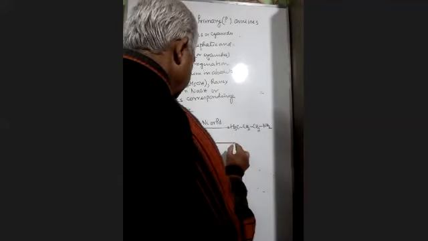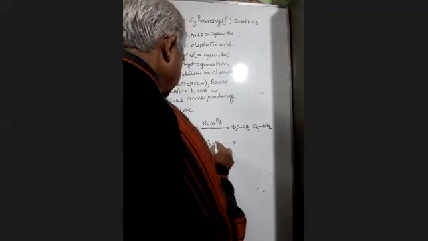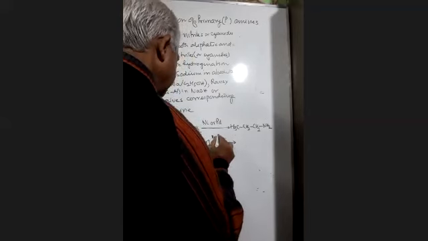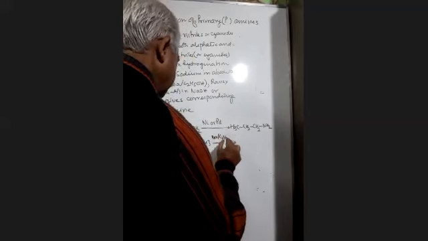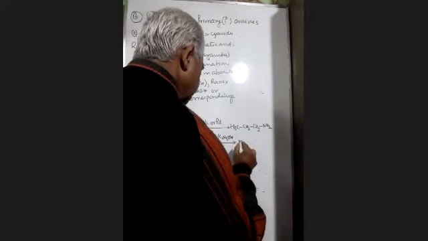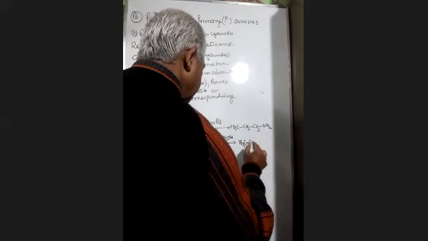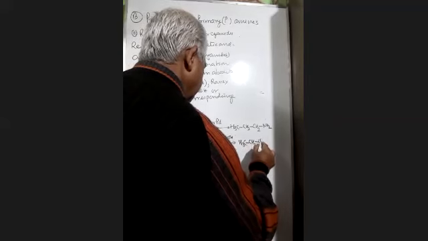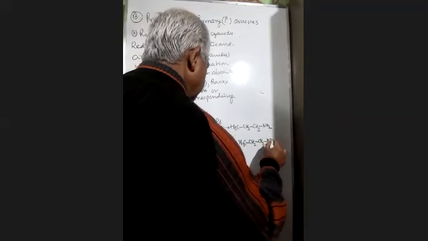So I'll write here sodium, ethanol. What is the name of this one? The common name is ethyl cyanide, and the IUPAC name is propane nitrile.